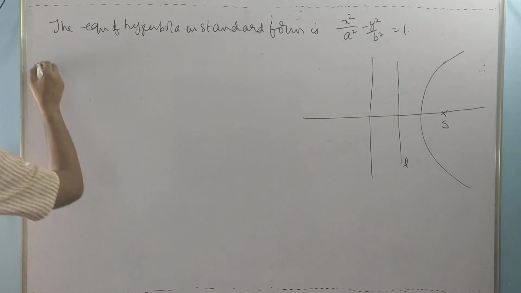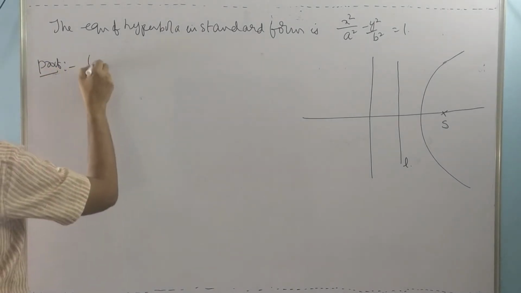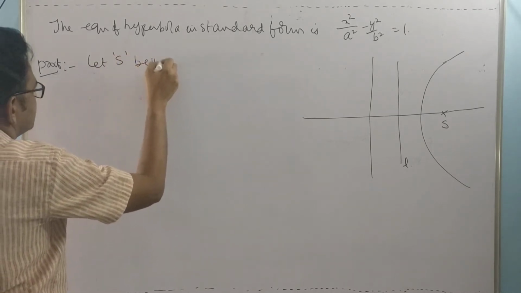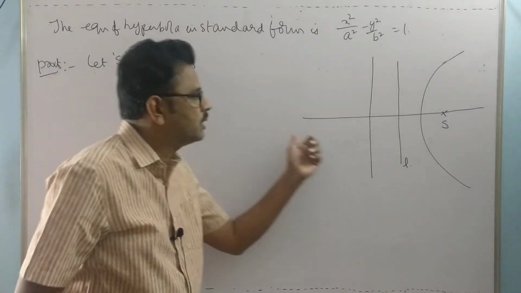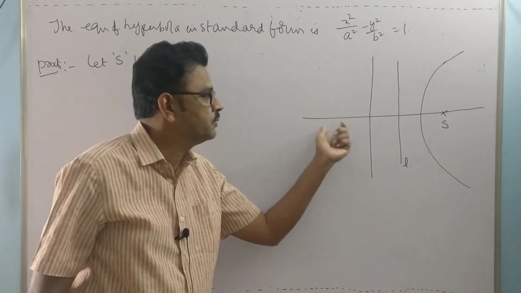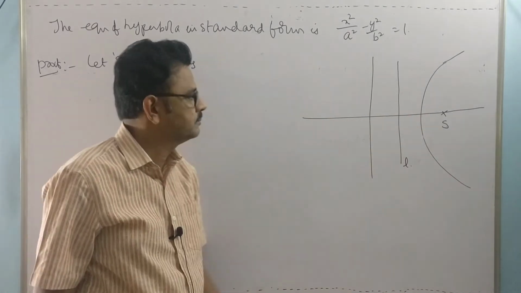Now the proof is, let S be the focus. This proof is also more or less same as the ellipse proof. If you know the ellipse proof, compared to that this hyperbola proof is easy.